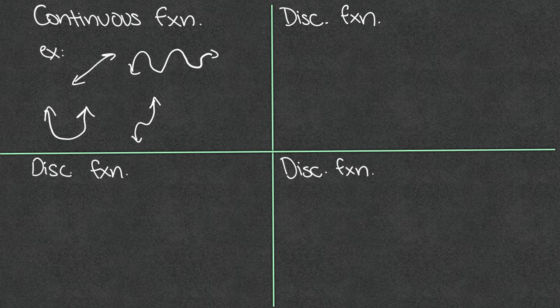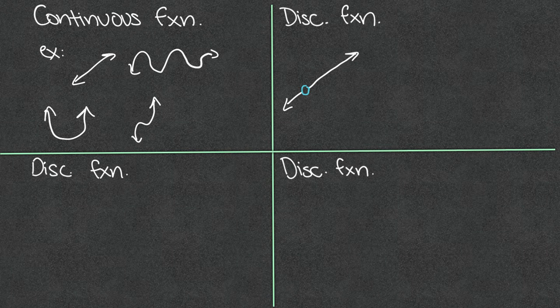So the first type of discontinuous function, I want to look at if I had, let's just say a line, and I wanted to take a hole punch through my line. So I'm going to pick anywhere on my line and I'm going to hole punch it. And that really would create this open circle.